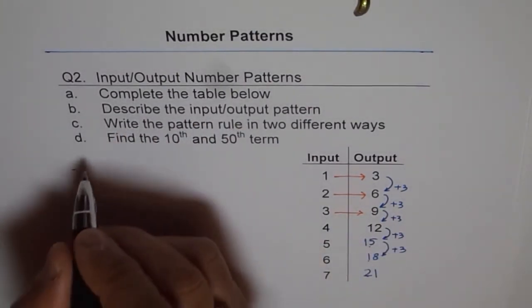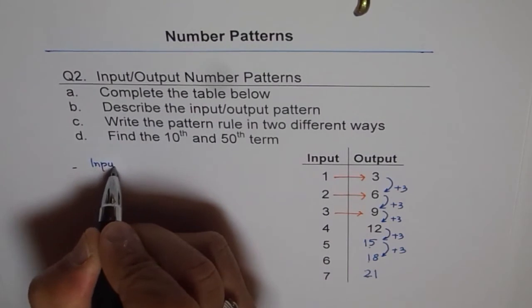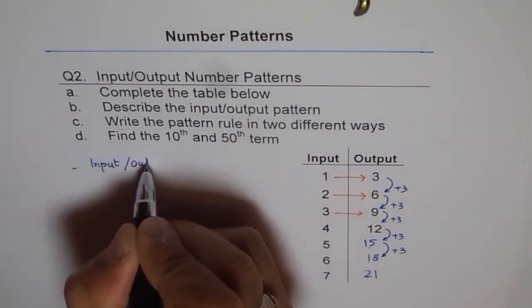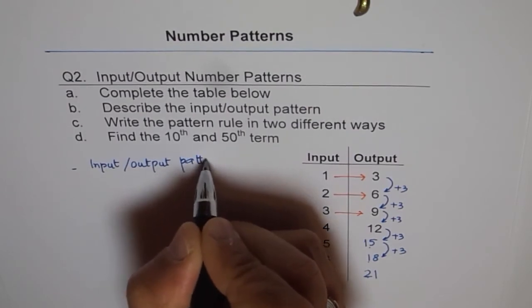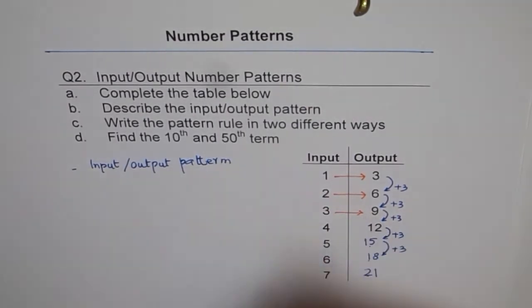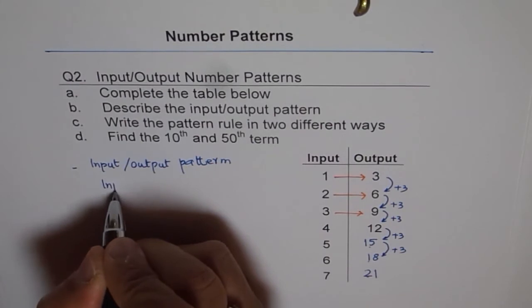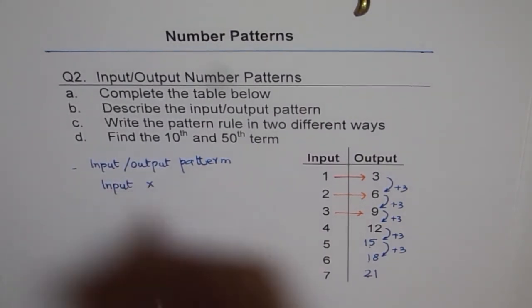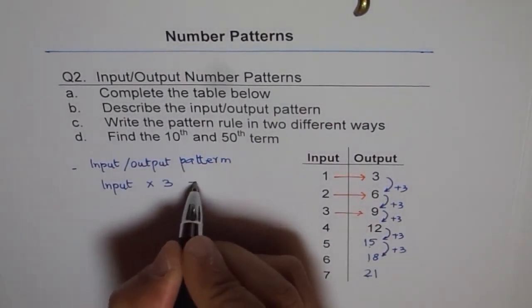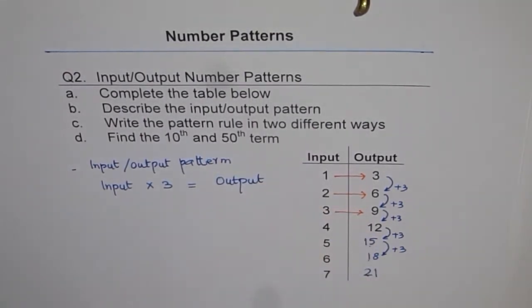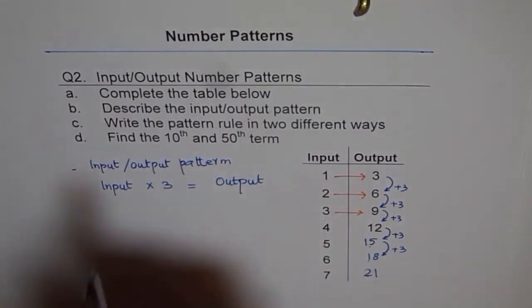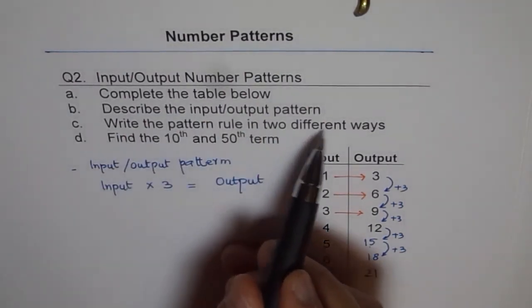Describe the input-output pattern. So what is the input-output pattern? The input-output pattern is input times 3 equals output. Do you see that? So that we can write as the input-output pattern, right? Then write a pattern rule in two different ways.